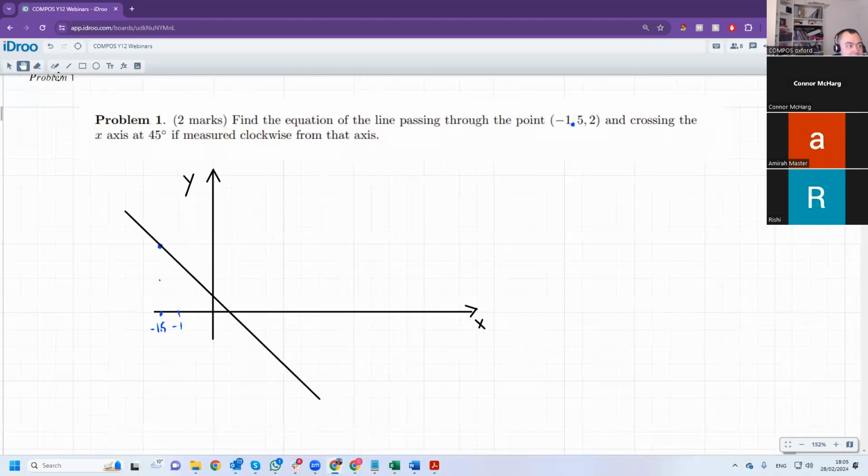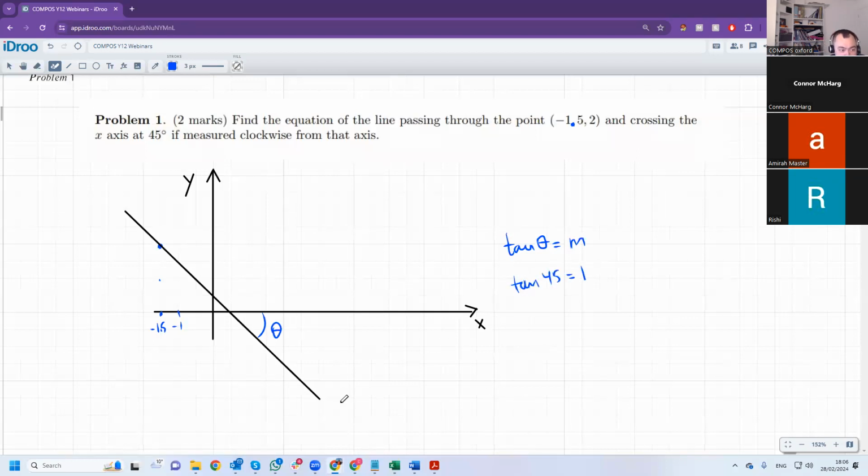The interesting thing is that the tangent of that angle theta is the gradient of the line. So tan 45 is 1.